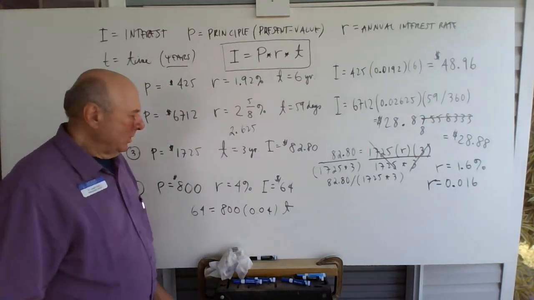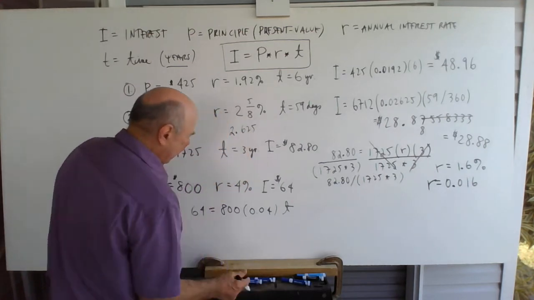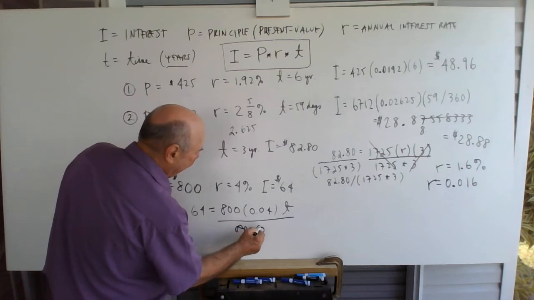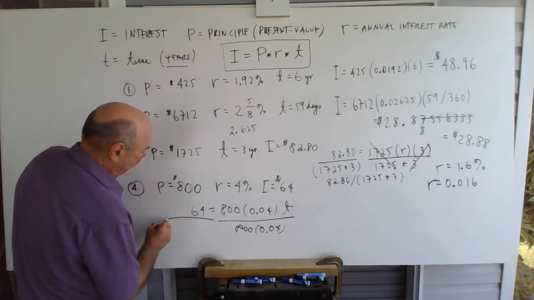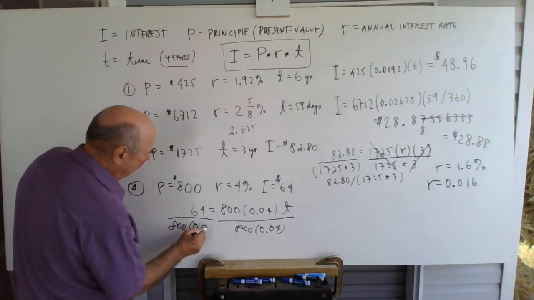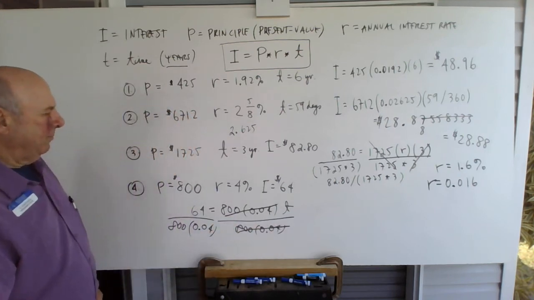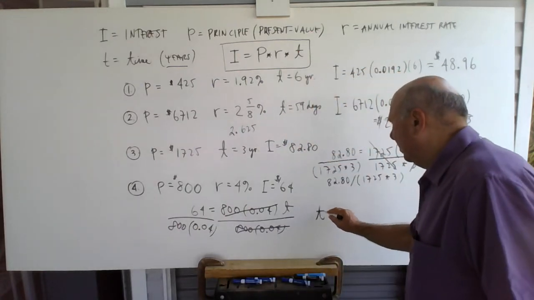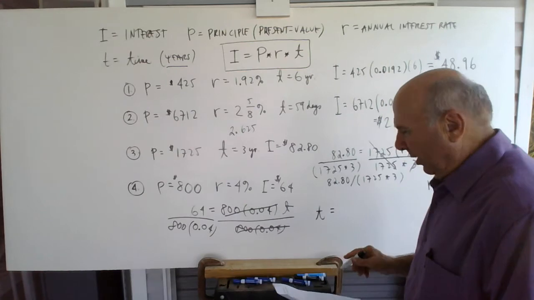Right? So I will divide both sides by 800 times 0.04. So that cancels on the right, and so that's T. T is equal to, if you do the math, you'll get 2.